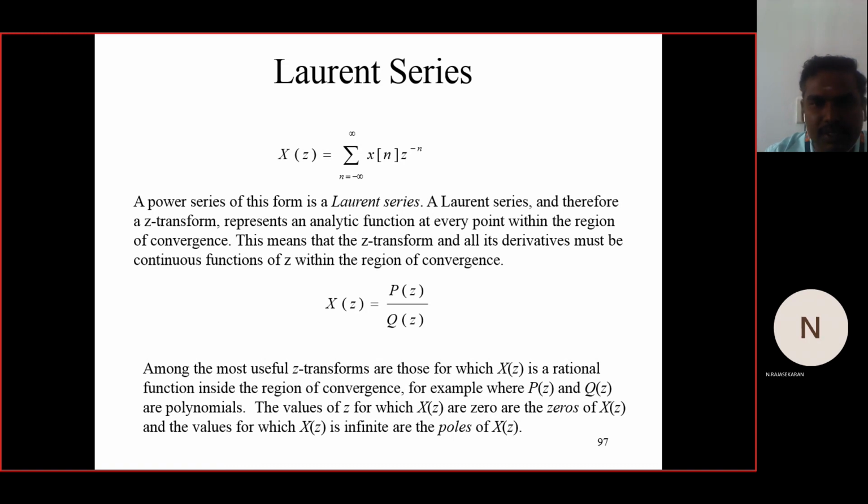The zeros come from the numerator, and the poles represent the polynomials in the denominator of the equation.